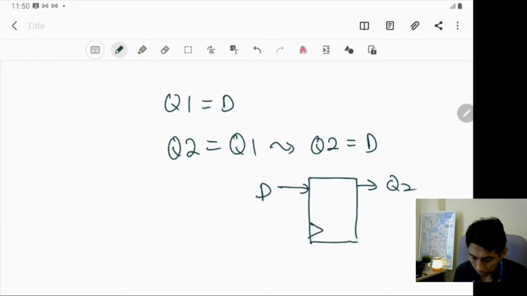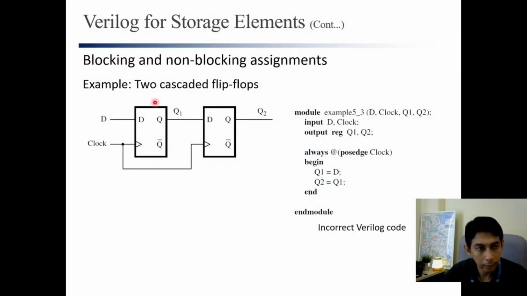And this is the posedge, right? Instead of this, what we want is the cascaded flip-flop like this.